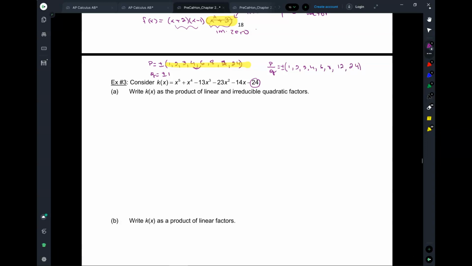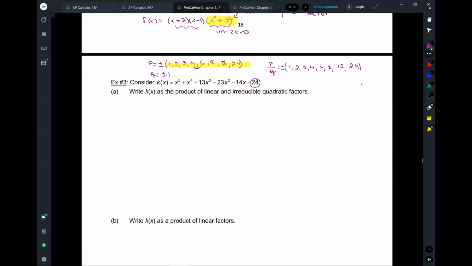Okay, so how do we do this? In order to start factoring this, we have to pick one here which is a zero of this function. How many numbers are there here? 8 times 2, 16 numbers.